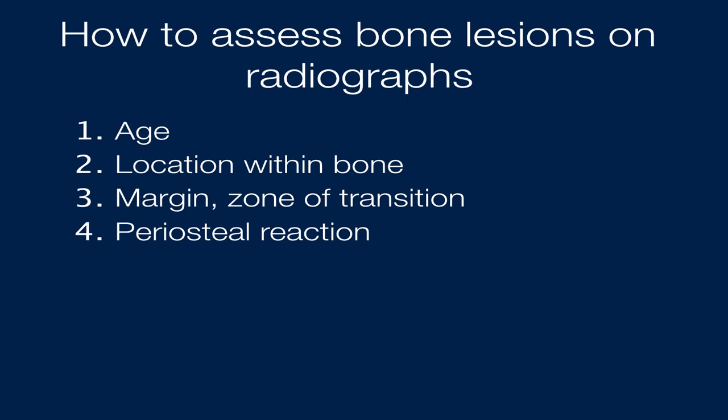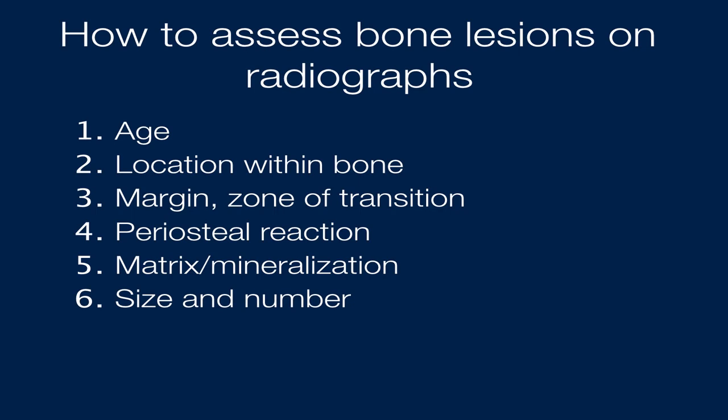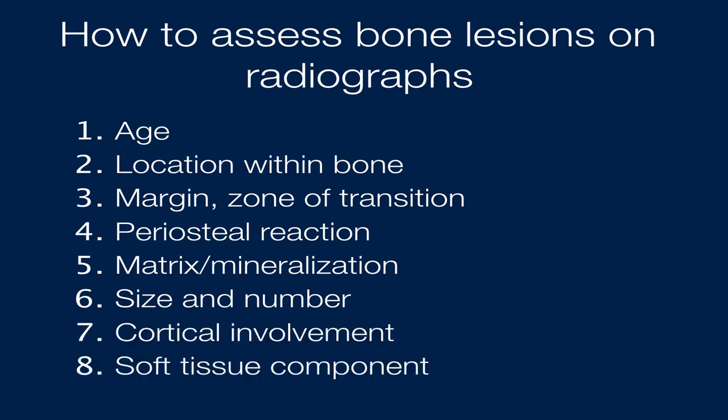The periosteal reaction, the matrix mineralization, you often can't see the matrix, it's what's inside of the lesion unless it mineralizes. Size and number of the lesion, whether the cortex is involved, and whether there is a soft tissue component.